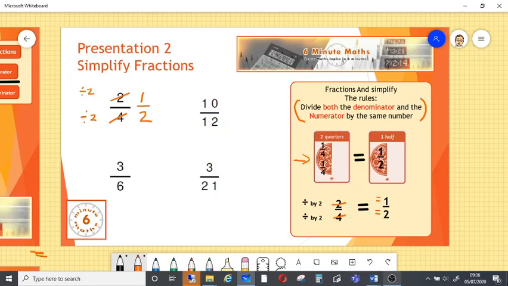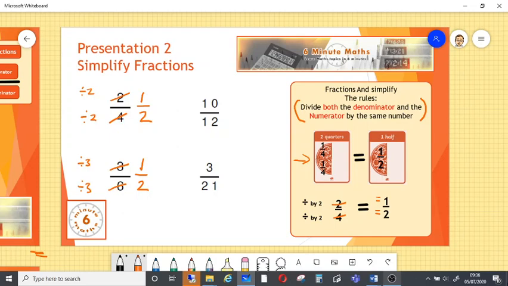It's a half. If I look at this 3 over 6, this one just below it, well, I know my 3 times table, so I know that this would divide by 3. 3 into 3 goes 1 time, and 3 into 6 goes twice. So 3 over 6 is the same as a half.